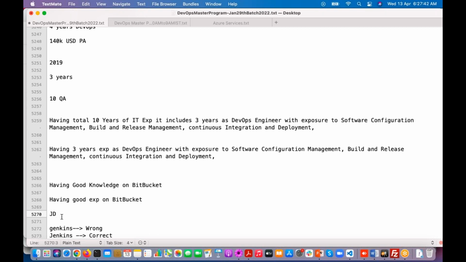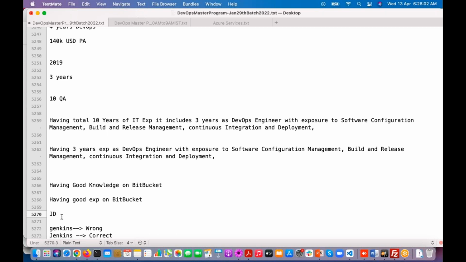If the HR executive called you and asks, are you looking for a job change? Yes. We are calling from so and so company, and if you are interested, we are going to consider your profile.